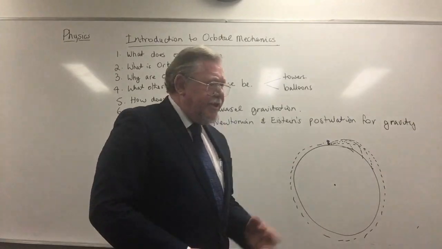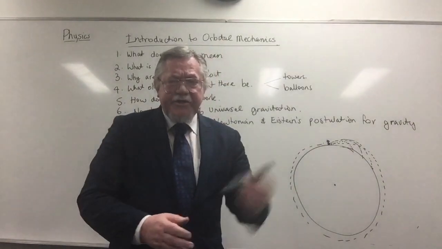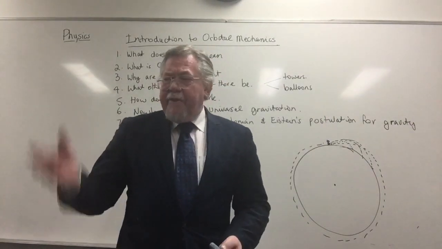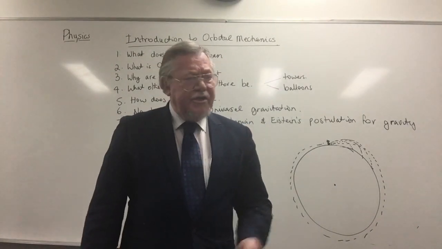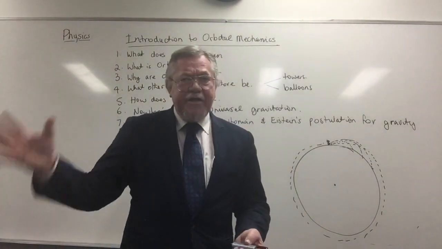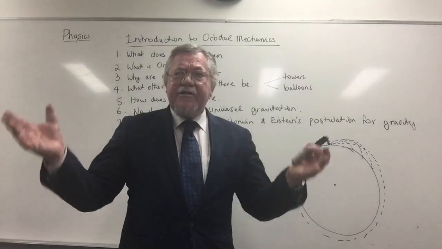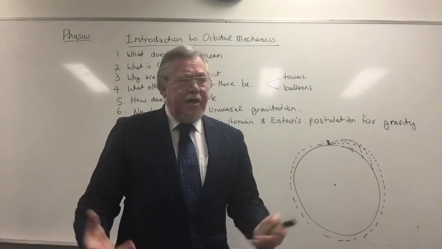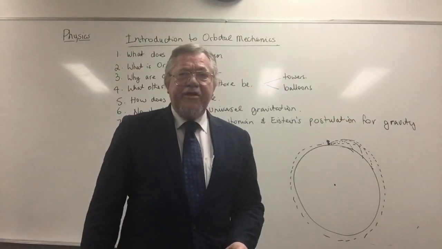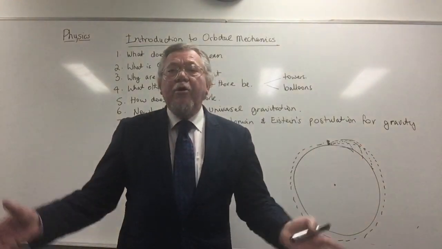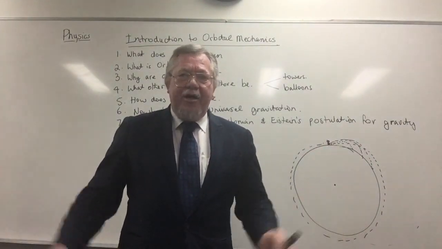For instance, Galileo worked out that no matter what size this is, and no matter what size the other object is, no matter what the mass of this and the mass of that, as long as the friction of air doesn't count, they can both overcome the friction of air, they will fall to the ground at the same time.